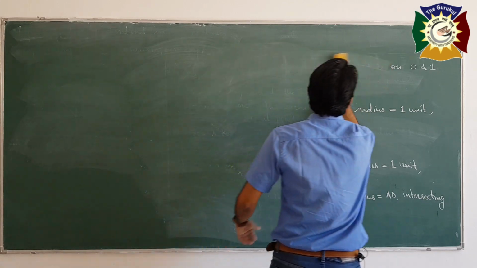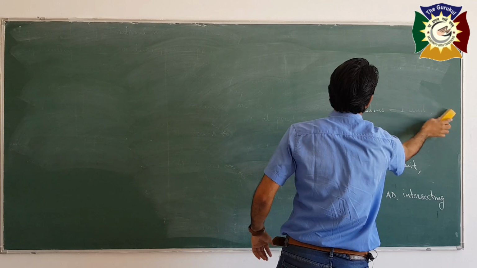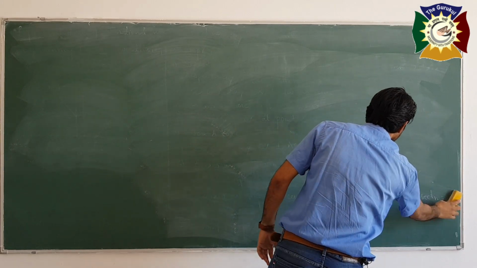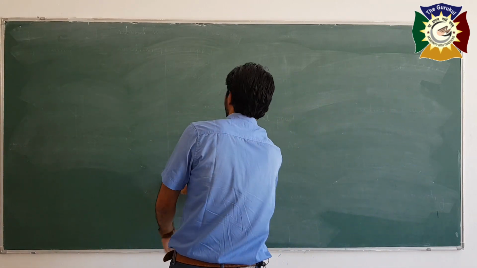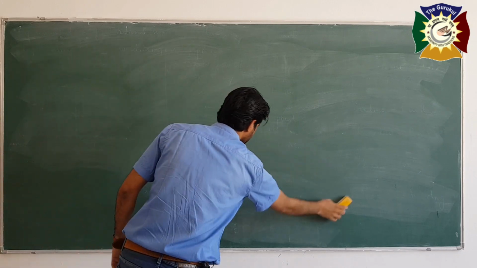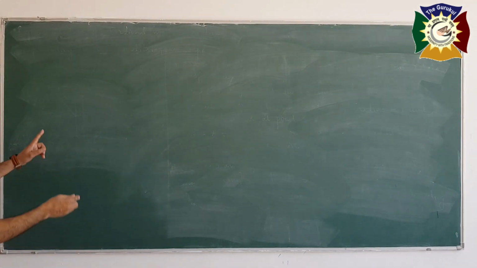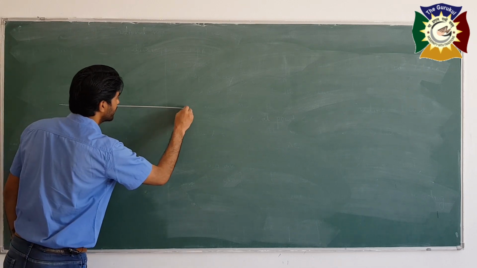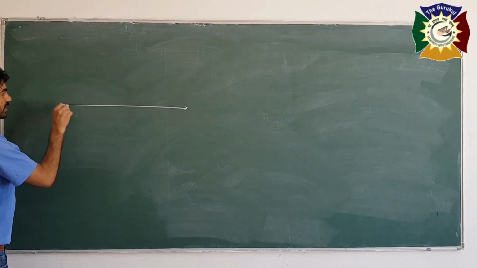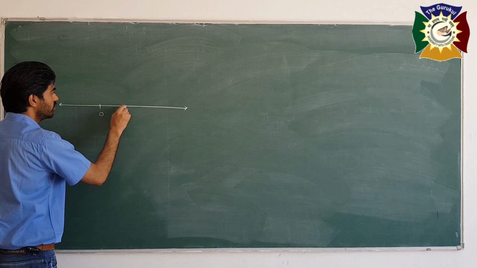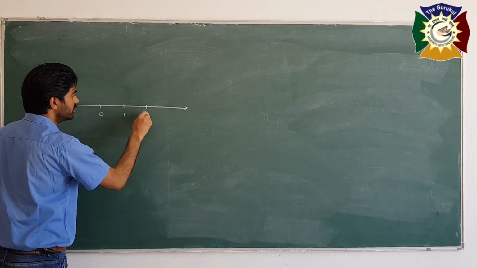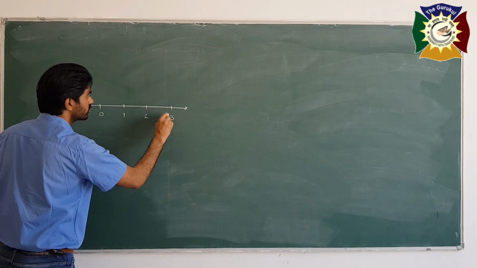Let us see what could be that method. Now again we will see that if I draw a number line here, this is 0, 1, 2, 3 and so on.